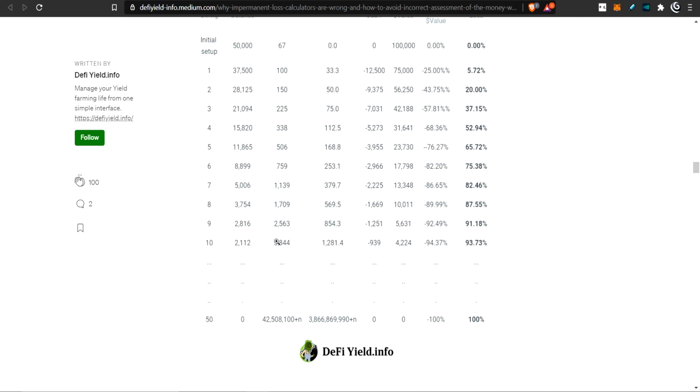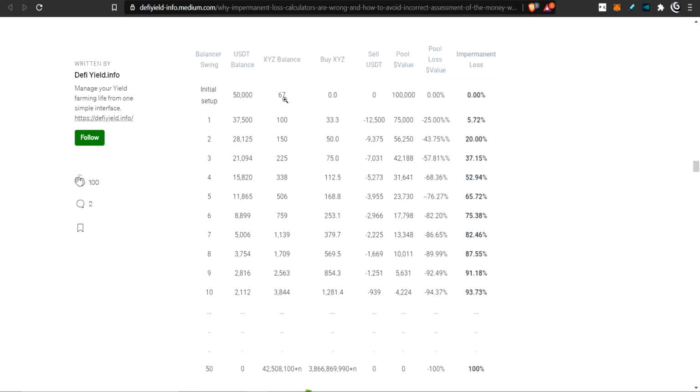So if you look down, you see a token starts with the USDC. You start with 50,067 of this magic token, and then as this magic token starts going down in value, the USDC is buying more and the quantity is going up, and you're getting a whole bunch of loss. Okay?